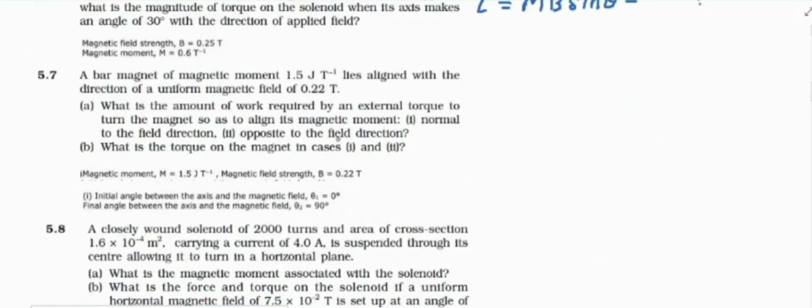Then question 7. A bar magnet of magnetic moment 1.5 joule per Tesla lies aligned with the direction of a uniform magnetic field of 0.22 Tesla.